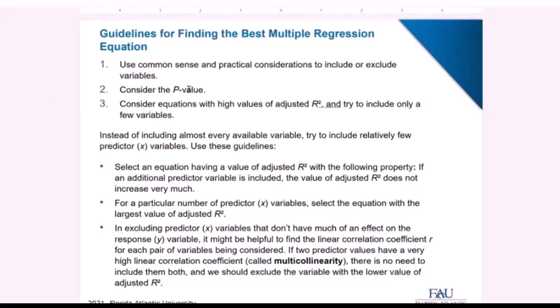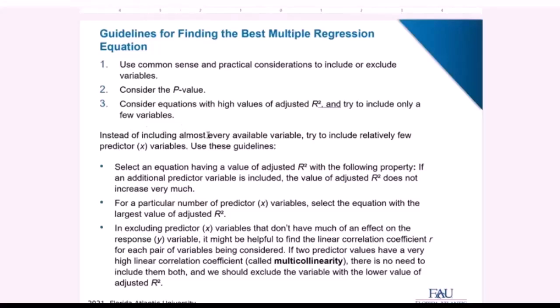Again, consider the p-value. Consider equations with high values of adjusted R squared and try to include only a few variables. This is very important because the less variables that you can include and still have a good regression equation, the better.